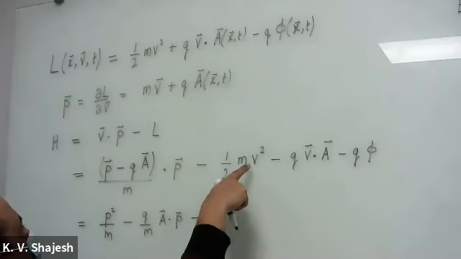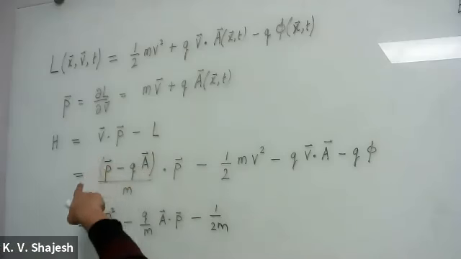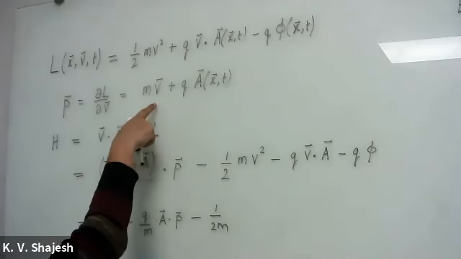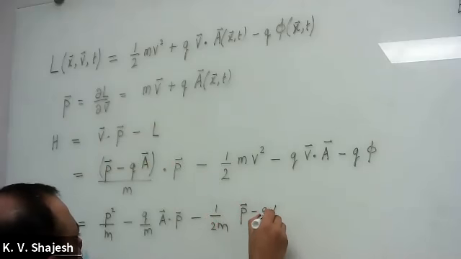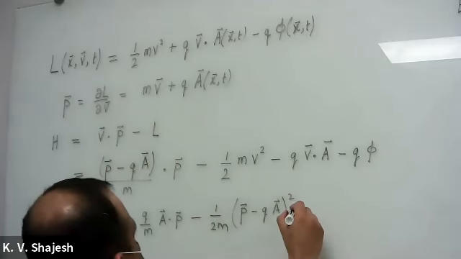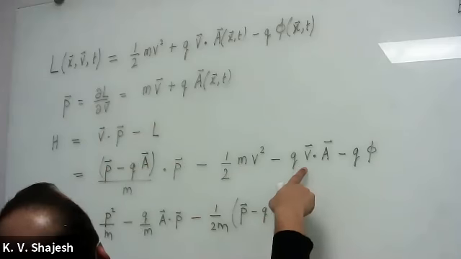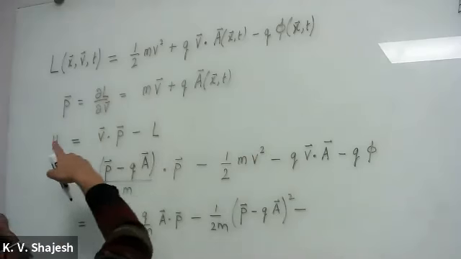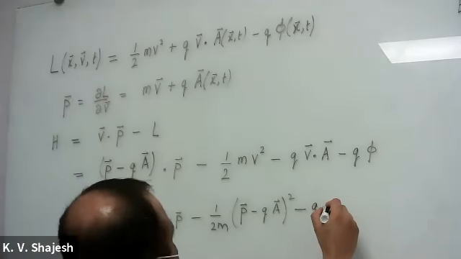Minus of, there are two mv's there. mv is p minus qA. And I have minus v, and v is again p minus qA, so it is q times p.